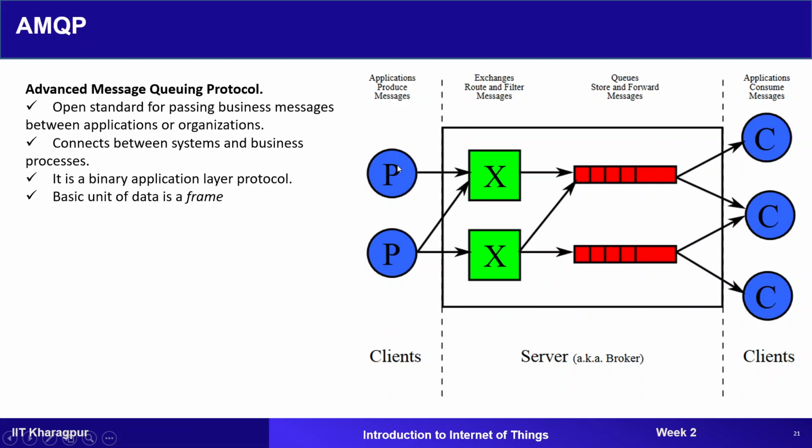All the devices which produce the data and all the devices which consume the data are called clients, and the devices present in between these clients are called server or broker also. These devices are useful for managing the data generated by your client applications.